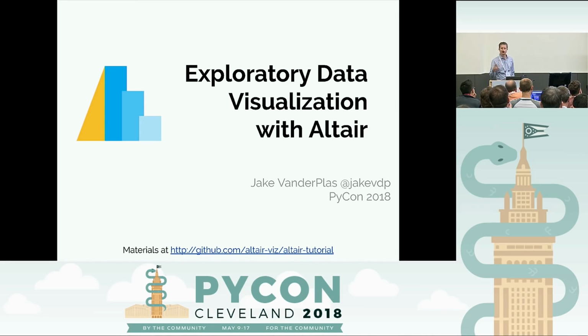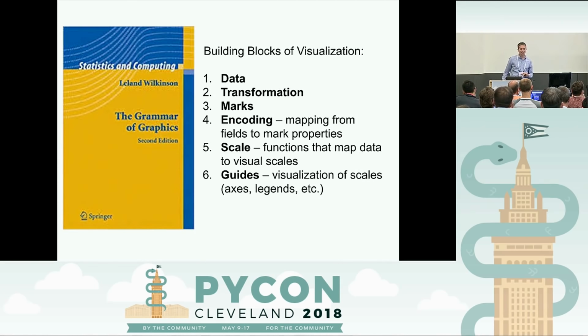To motivate why I decided to spend all this time creating yet another visualization library in Python, I wanted to bring up some of the basics of visualization. One approach to visualizing data that's been really influential is this book, The Grammar of Graphics.